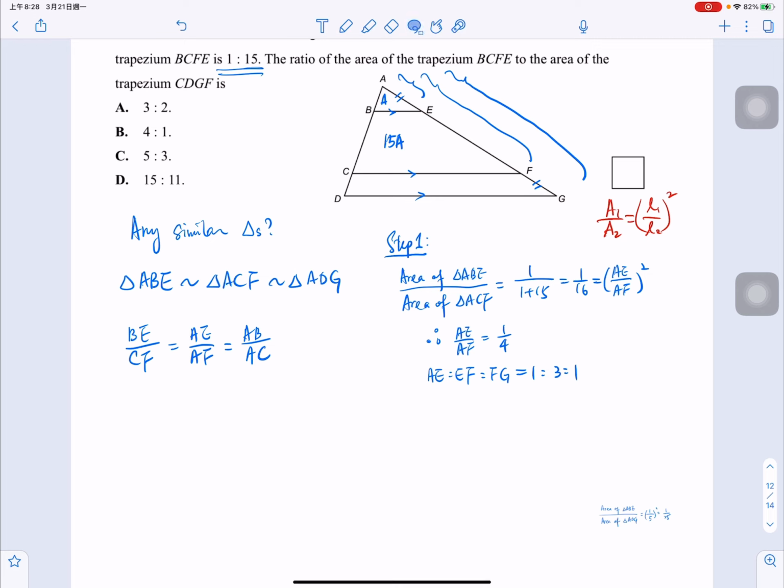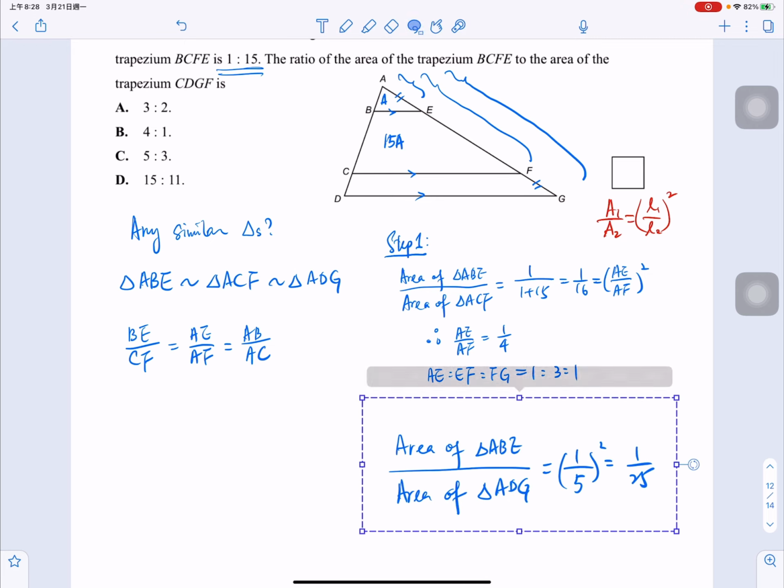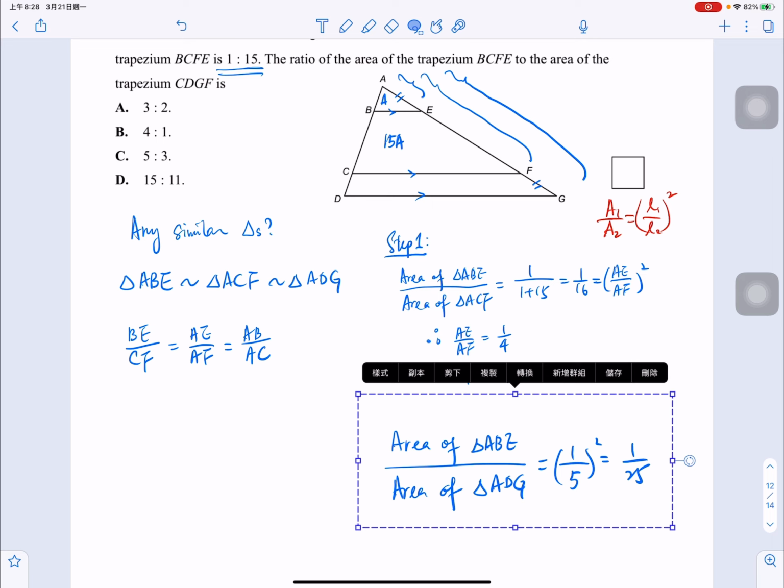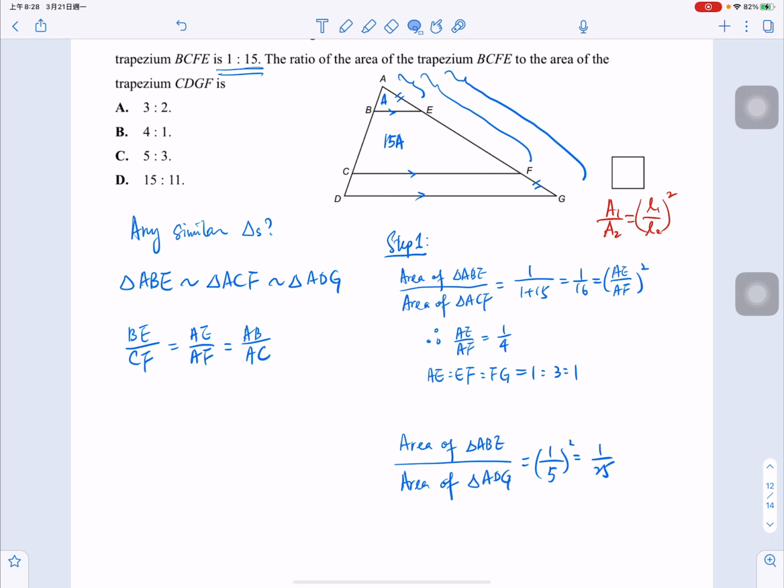So the area ratio here: the area of ABE to the area of ADG, 1 to 5. 5 comes from 1 plus 3 plus 1. That means K, 3K, and 1K. So 5K. K to 5K, so 1 over 5. Then take the square, 1 over 25. That's great. As a whole, 25, then minus the upper one, 16.